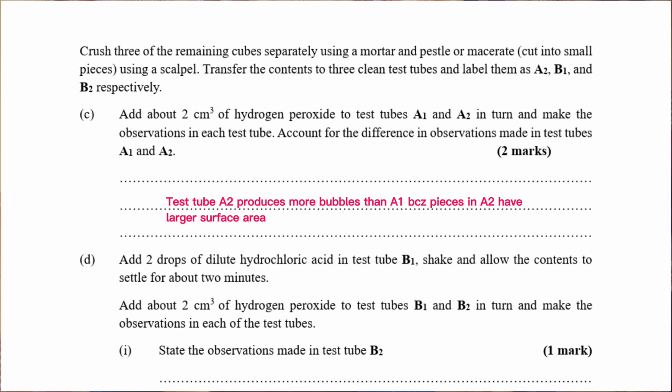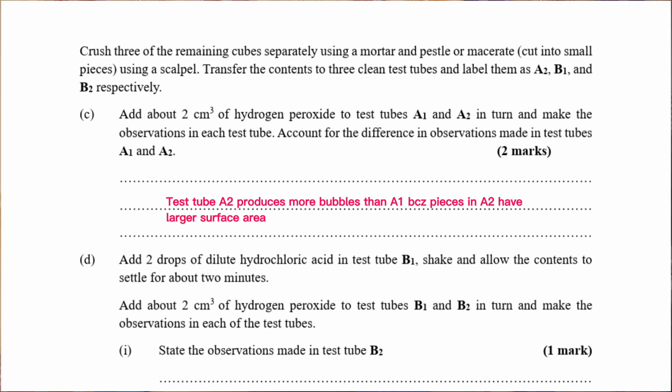The sample in A2 is crushed into smaller pieces, thus providing a larger surface area for enzymatic action. Or you can also say there are fewer bubbles or less effervescence in test tube A1 relative to A2. The sample in A1 is uncrushed, thus has a smaller surface area exposed for enzymatic action.